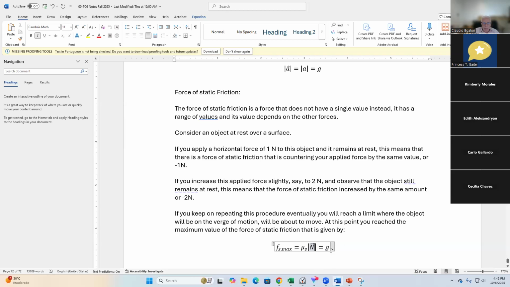That's the maximum value of the force of static friction.